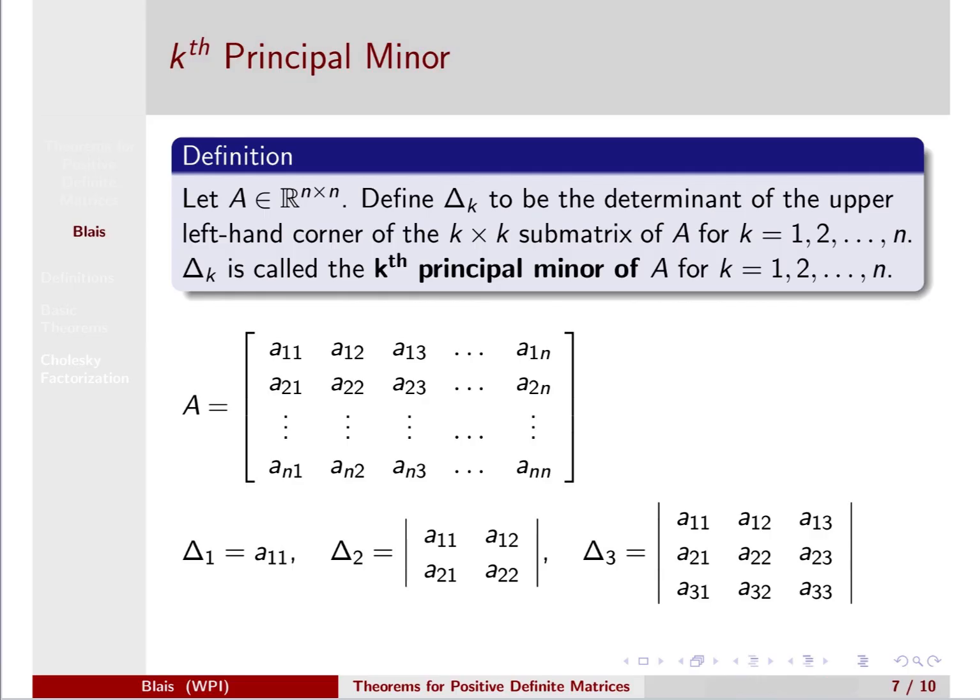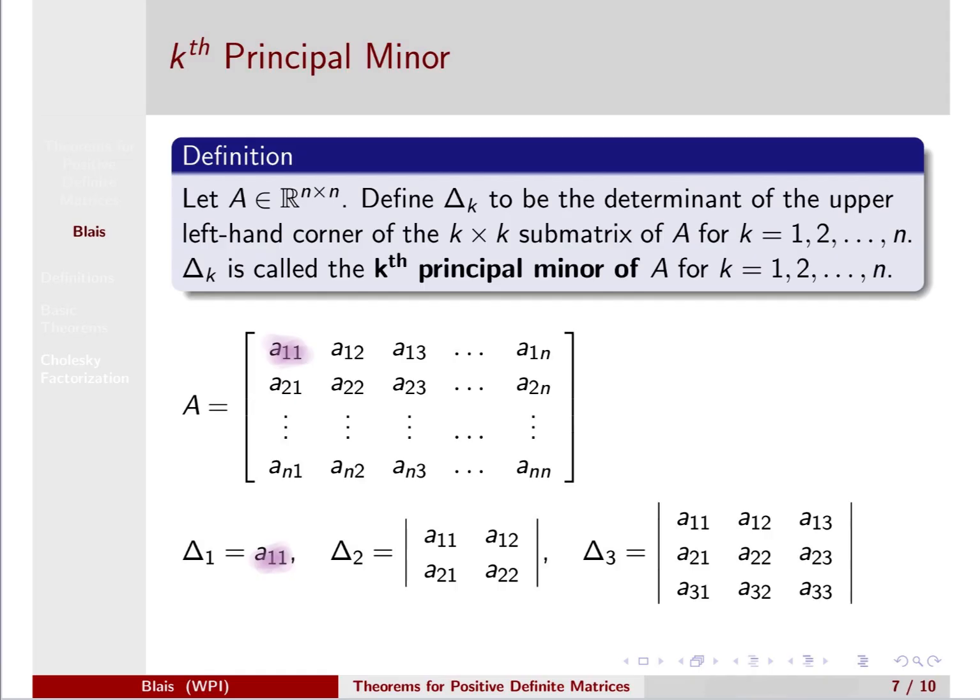The easiest way to understand this is to look at it visually. So the first principal minor, when K is equal to 1, is the upper left 1 by 1 submatrix, and so that would be just this A1,1.